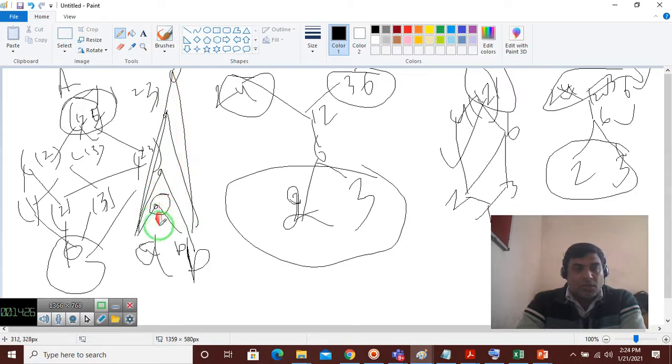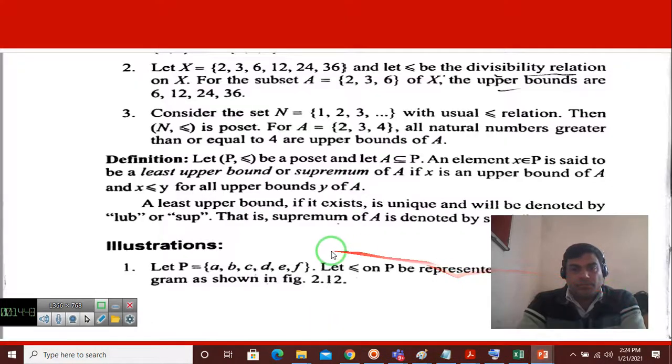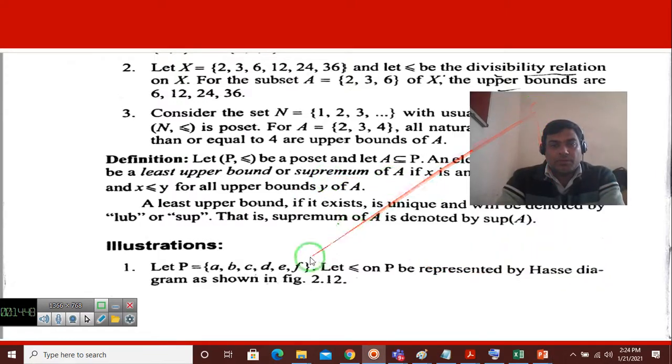This is called the least upper bound, LUB, or supremum. We denote it as sup.